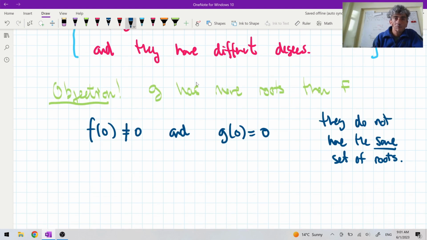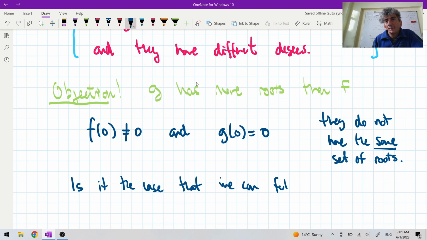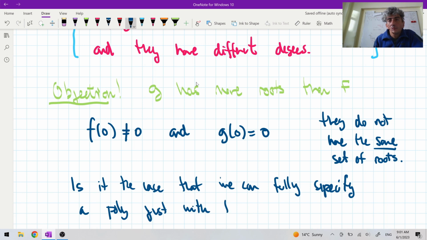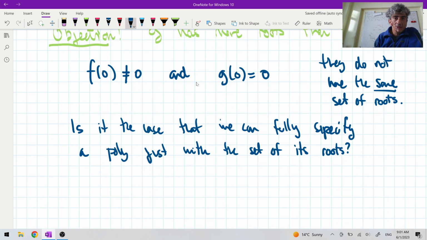So is it the case that we can fully specify a polynomial just with the set of its roots? Well, let's think again.